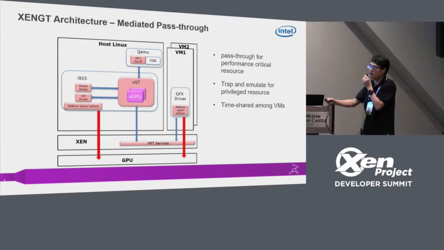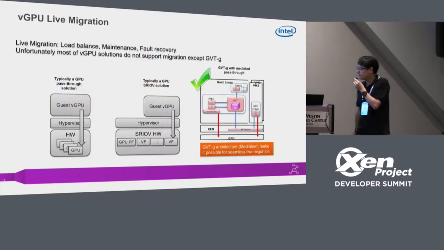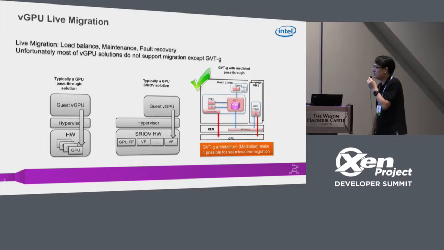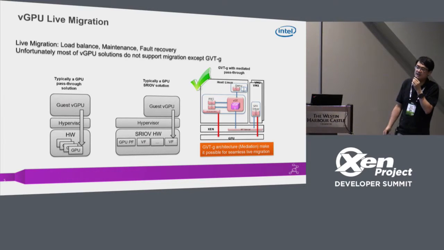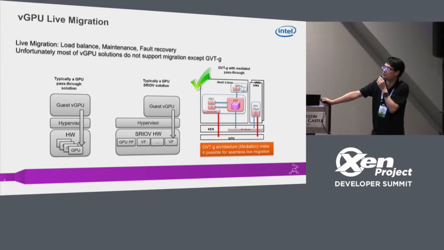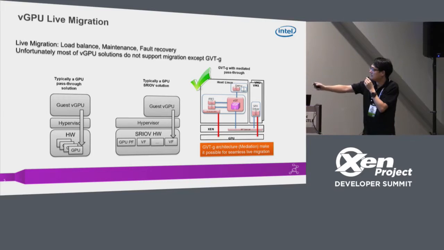And for the performance-critical resources, like graphics memory access, these are passed directly through to the hardware side, the red path here. This is a mediated pass-through solution, and this is the essential design to support live migration.